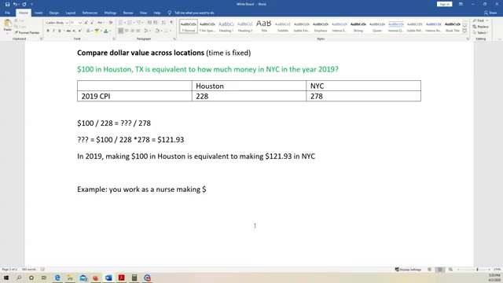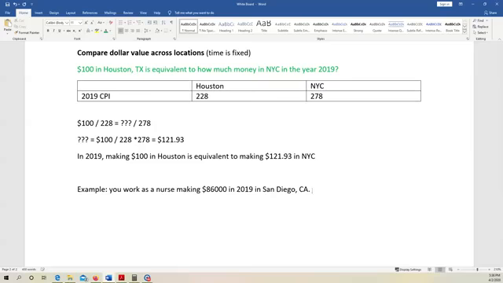Remember, if I remember correctly, a typical registered nurse makes about $86,000 in San Diego, right, in the year 2019. And this salary, making $86,000 in San Diego, is equivalent to making how much money in, for example, Orlando, Florida.